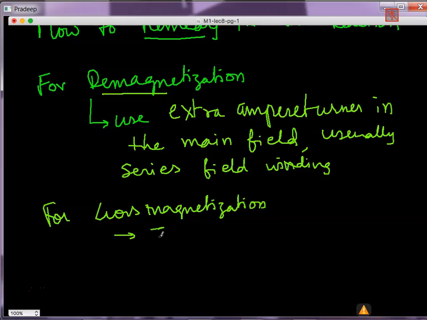we can use interpoles. These are poles between the poles, just to reduce the distortion. So these are to reduce distortion in the magnetic field.